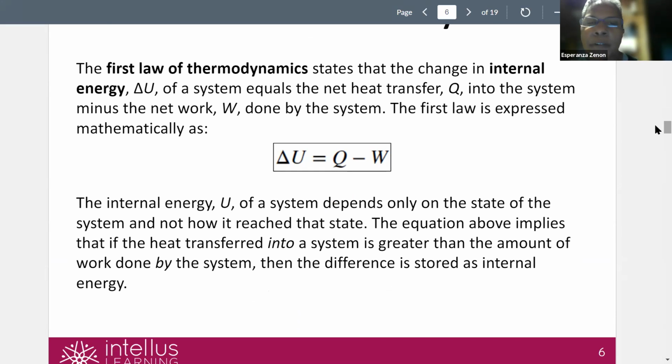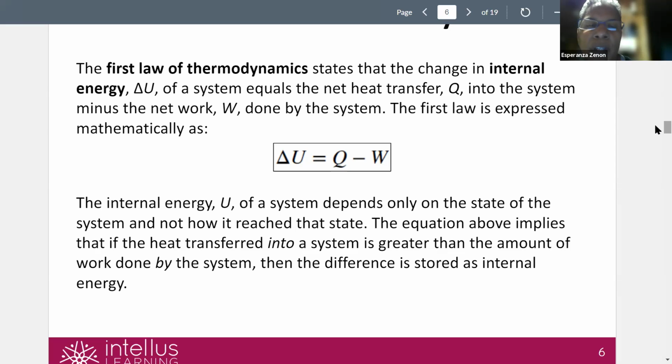The first law of thermodynamics looks at the relationship between energy, which they call delta U, internal energy, heat, Q, a symbol we're used to seeing because we saw Q in the other formulas, and work, W. In particular, they're looking at the change in internal energy here.